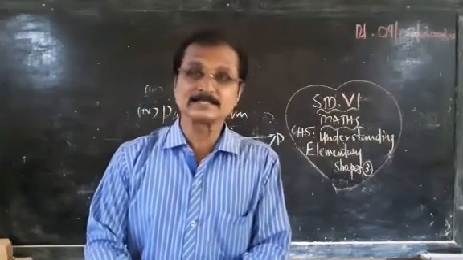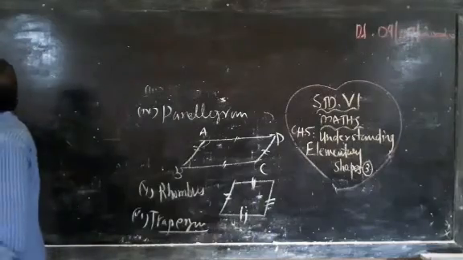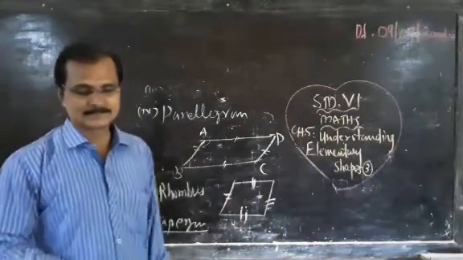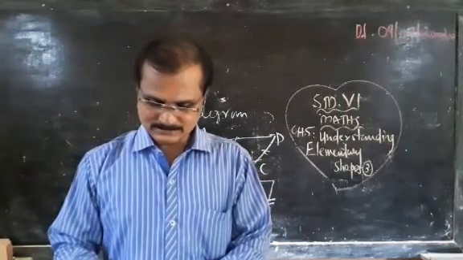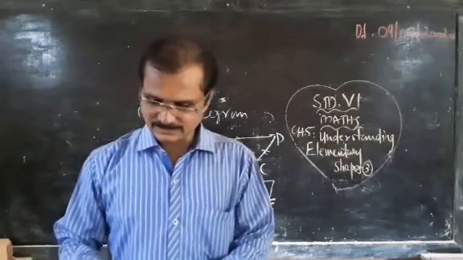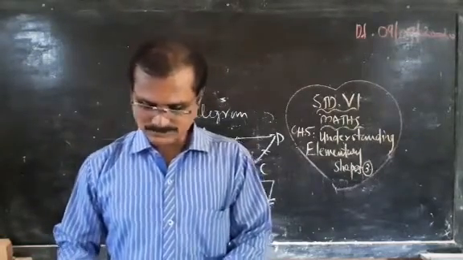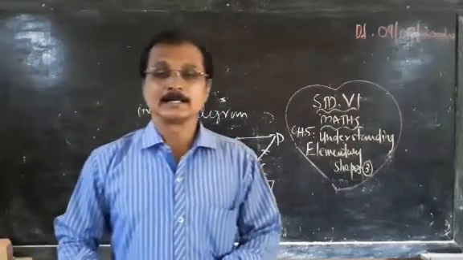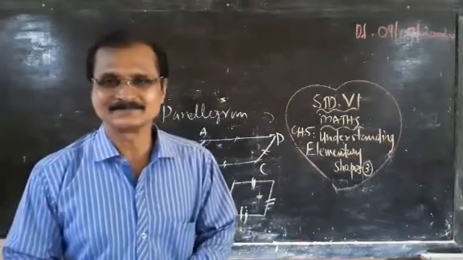A polygon with three sides is a triangle. A polygon with four sides is a quadrilateral. With five sides, pentagon; 6 sides, hexagon; 7 sides, heptagon; 8 sides, octagon; 9 sides, nonagon; and 10 sides, decagon.